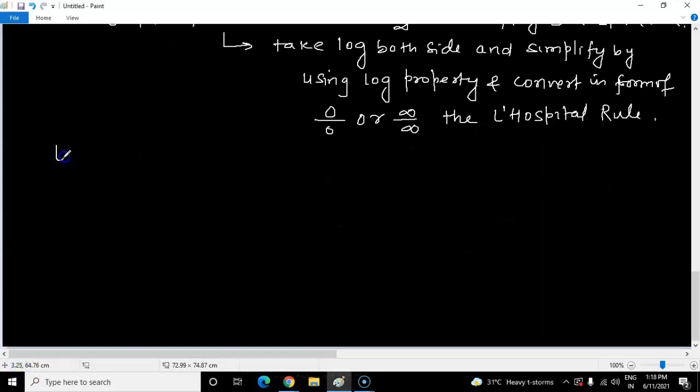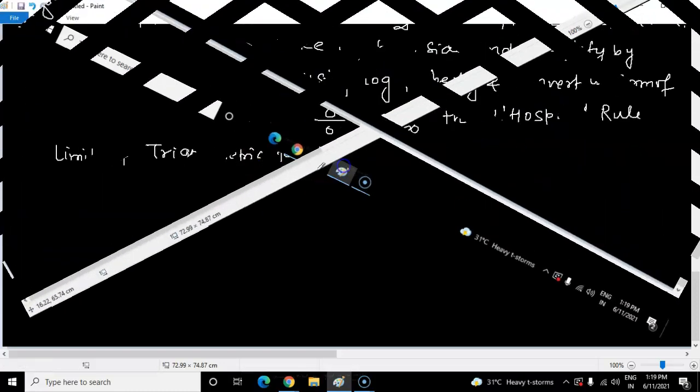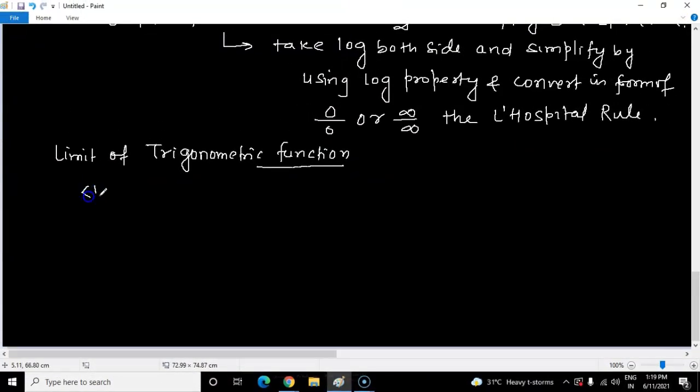Now, trigonometric functions. If a trigonometric function is given, this direct formula, if you keep it in mind, will make it easy to find the limit of trigonometric functions.